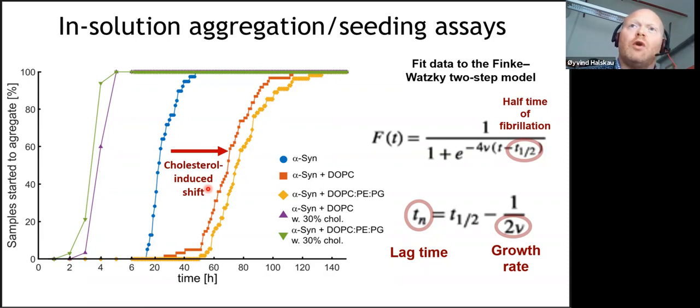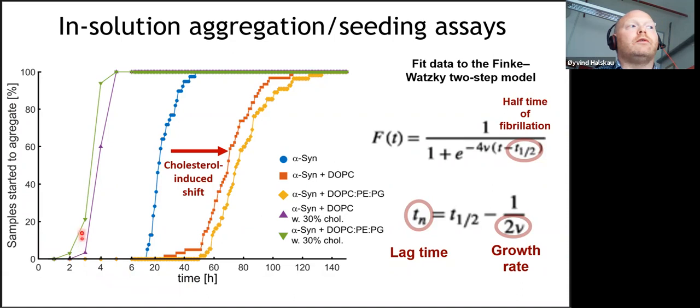However, the onset of these processes is very stochastic. So we essentially did one small experiment in each well, and then we assess that stochastically. What we have plotted here is wells that have started to aggregate.